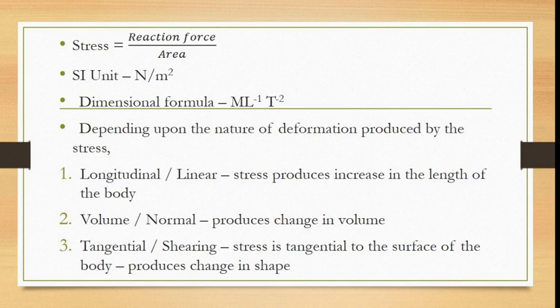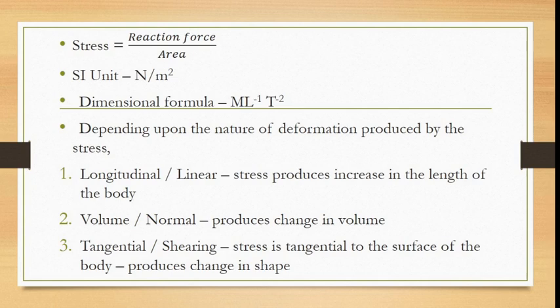And if the stress is tangential to the surface of the body, it produces some change in the shape of the body. Then such stress is known as tangential or shearing stress. So three types of stress.